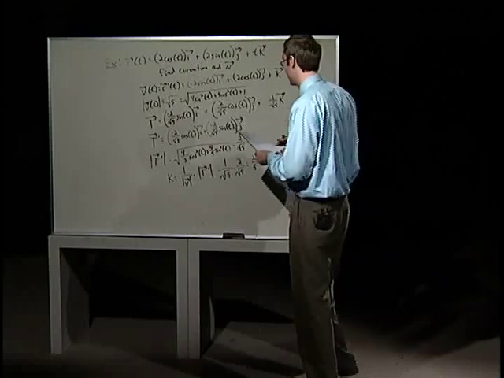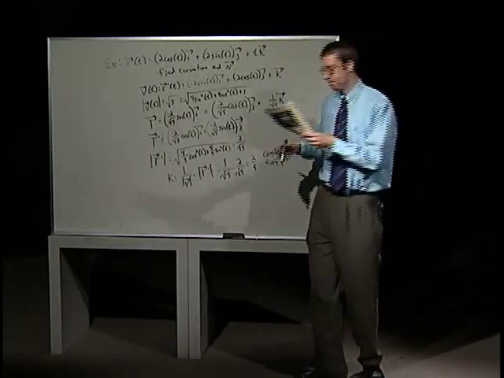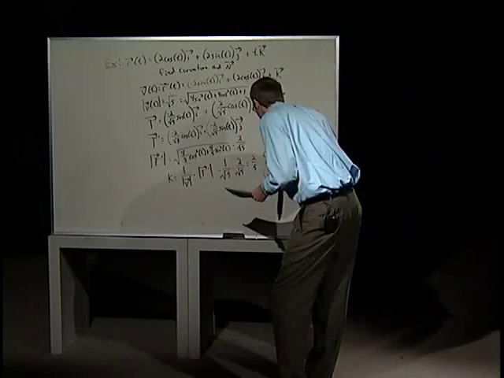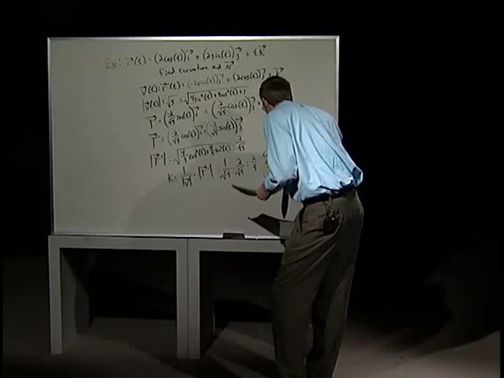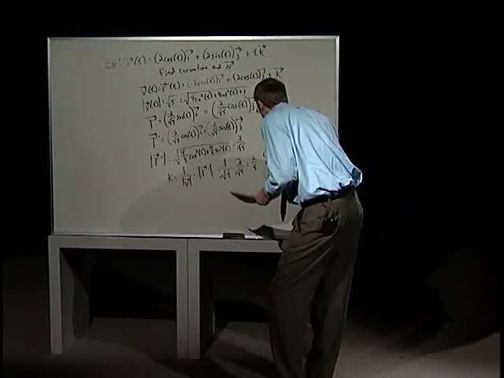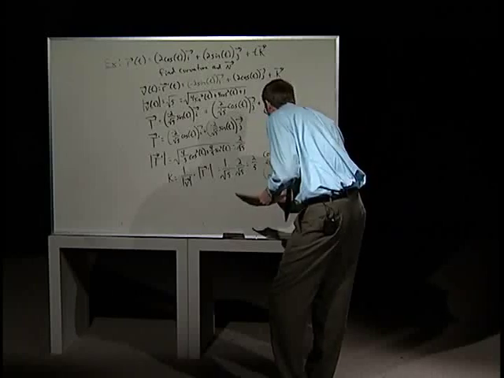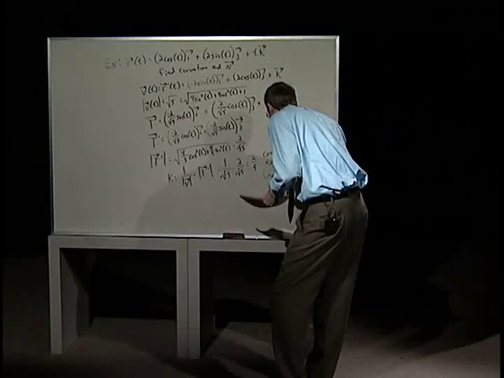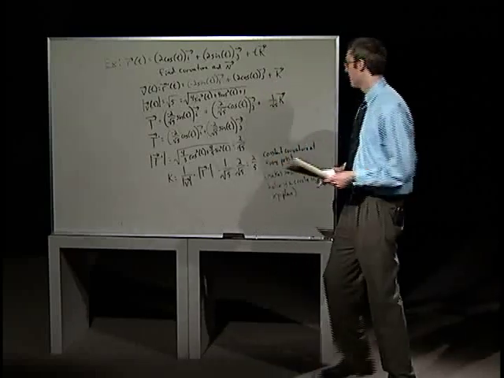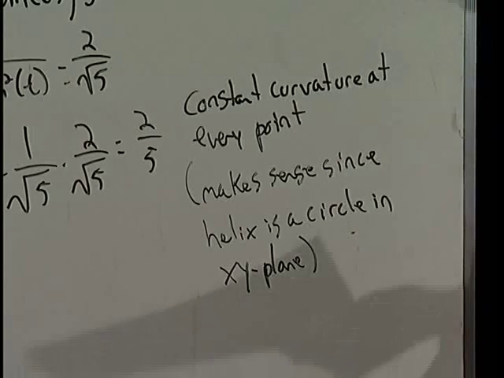There's never any point that's got more or less turn in it than another point. So this makes sense, since the helix is a circle in the xy plane. It's a circle, right?